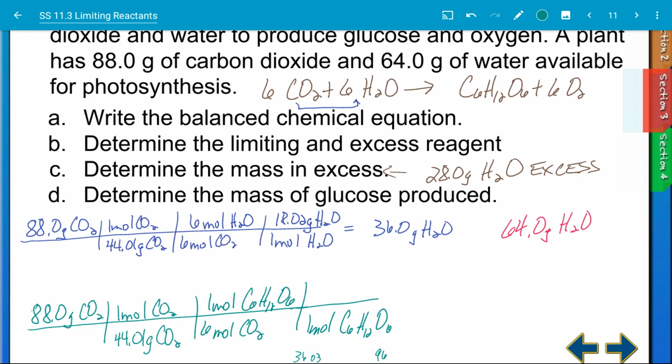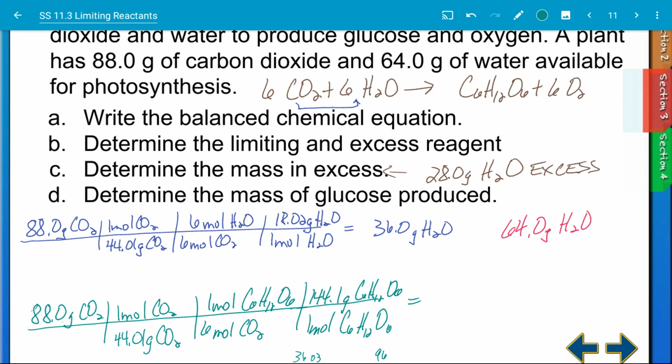And hydrogen is 1.008, 1.008 times 12 is 12.096, plus 36.03 plus 96. So 1 mole of glucose is 144.13. For significant figures, we'll put 4 down there.